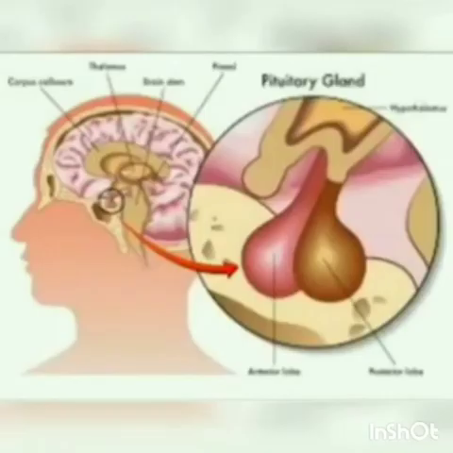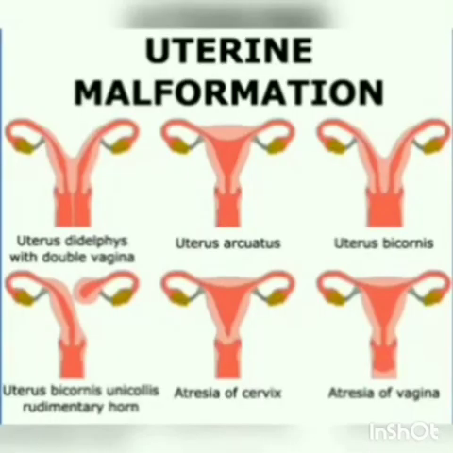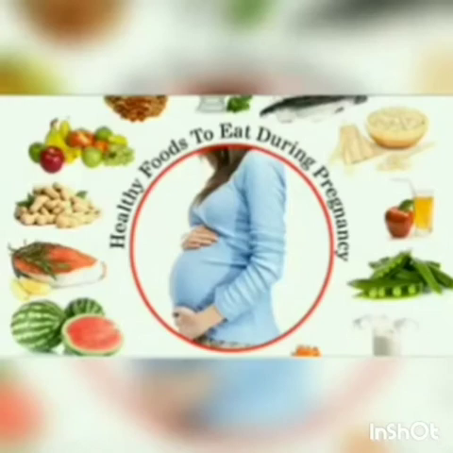So what are the main causes of this infertility? The main causes are tumors formed in the pituitary gland or in the reproductive organs, malformation of cervix or fallopian tubes, and inadequate nutrition before adulthood.